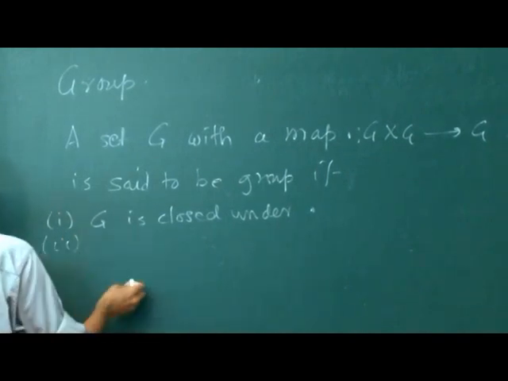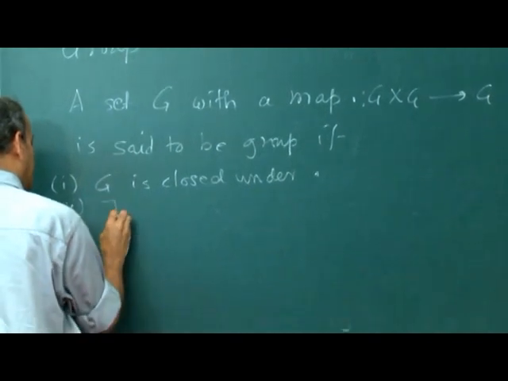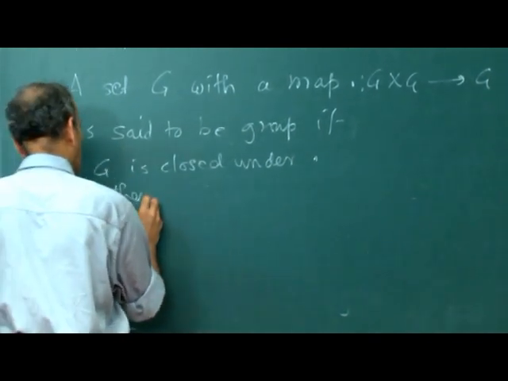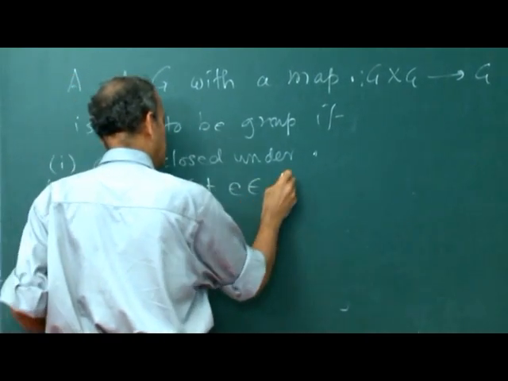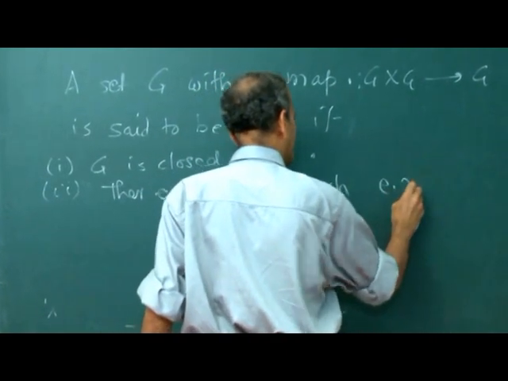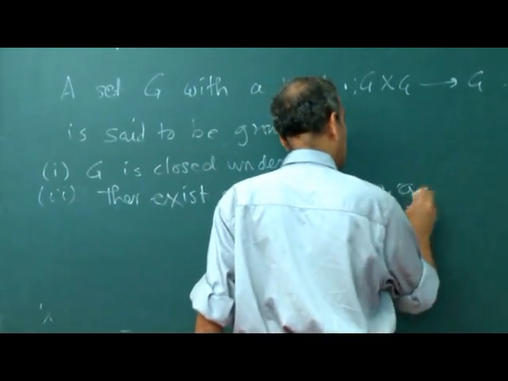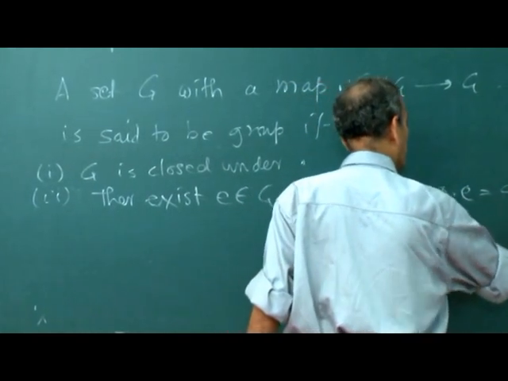Second, there exists e in G such that e·g equals g·e equals g for all g in G.